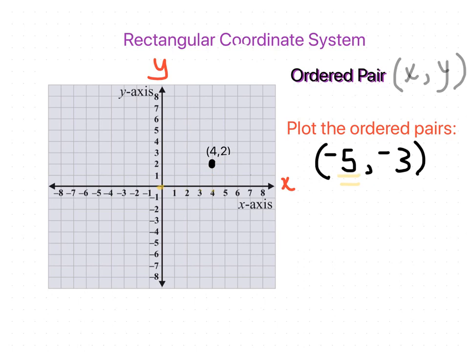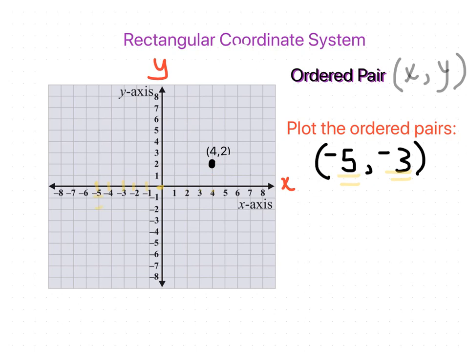So we want to go 5 units towards the negative numbers on the x-axis: 1, 2, 3, 4, -5. Stop there. The next coordinate, the y-coordinate, is -3, so we're going to go in the negative direction, or down 3.